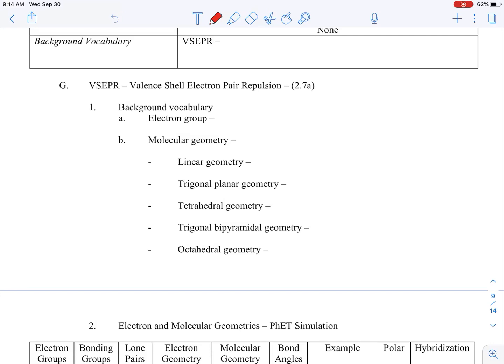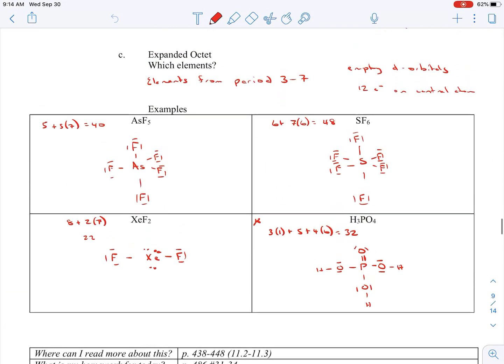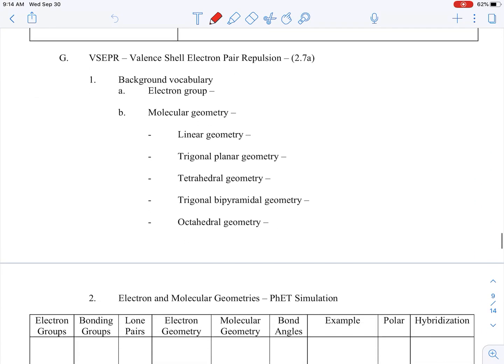Up to this point, we have learned how to draw Lewis structures, and we've also talked about resonance and some exceptions to the octet. Today we're talking about VSEPR, so we're going to figure out what shapes these make based on our Lewis dot diagrams. VSEPR stands for valence shell electron pair repulsion, which means the electrons are going to try to be as far away from each other as possible.